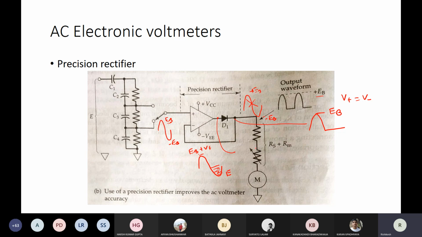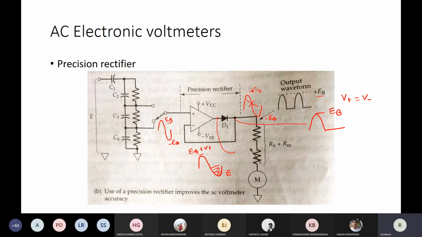So the supply voltage to the meter is appearing as it is as that of the input without any effect of forward voltage drop, right? But at the same time we have achieved the required rectification.